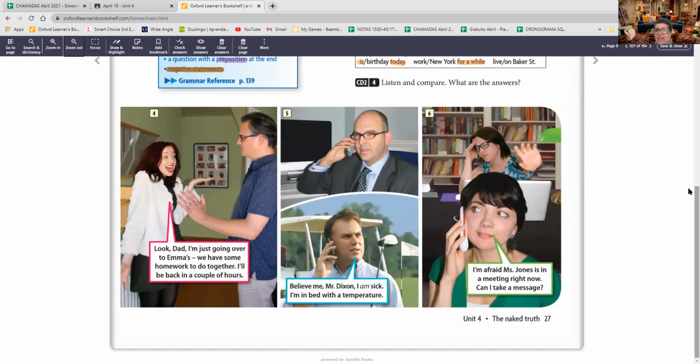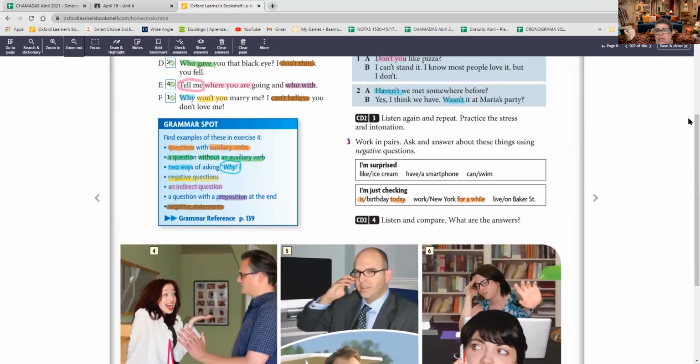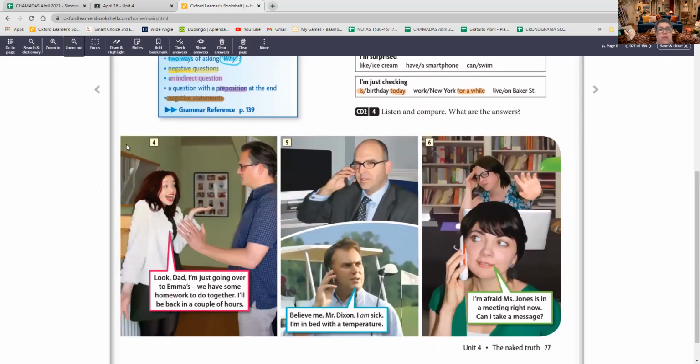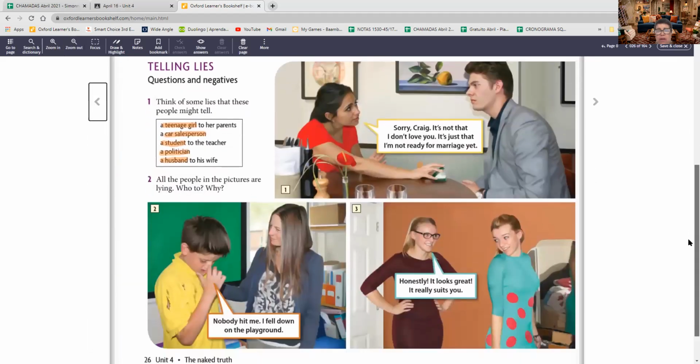Okay. So down here, guys, we will see the images from the previous page activity, right? These are situations where people tell lies, and they started out here, actually, at the beginning of unit 4. And this is exactly what they are doing.